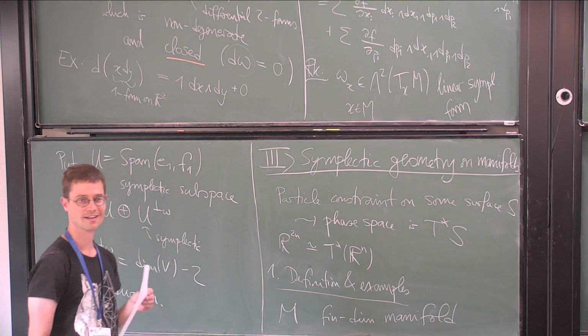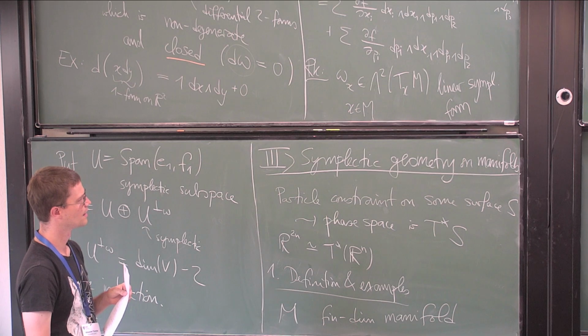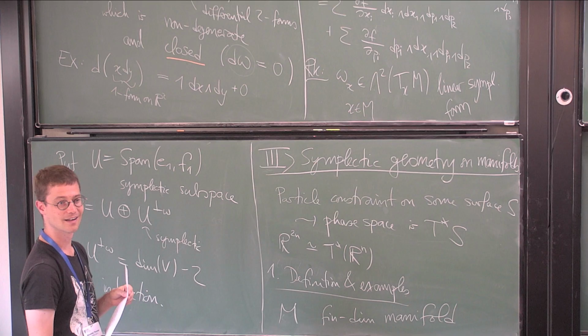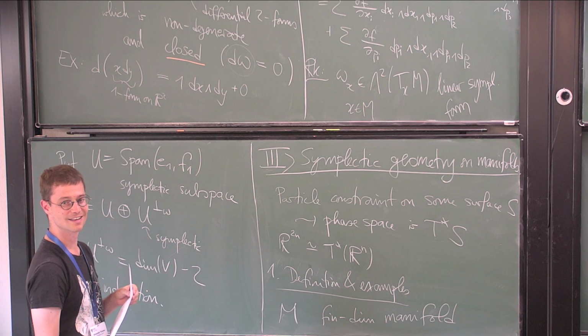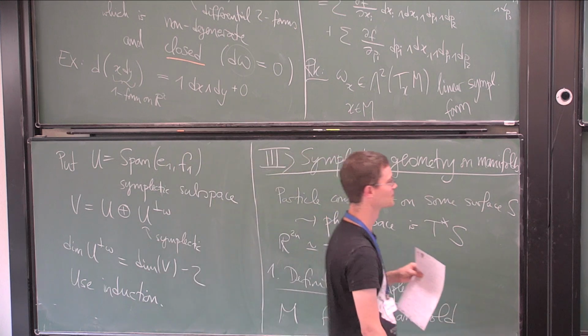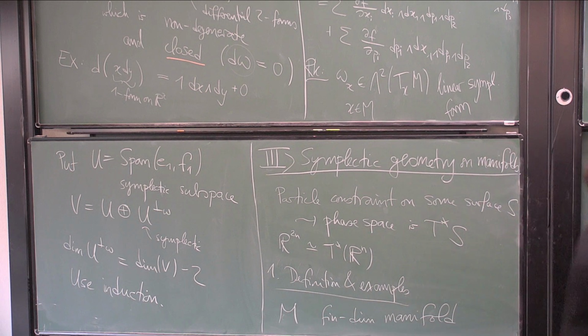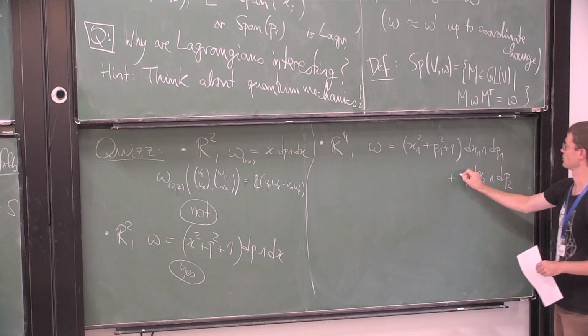Taking d of it gives 0 on both, because the first only depends on x1 and p1, so the parenthesis expression is just in front of the first term.